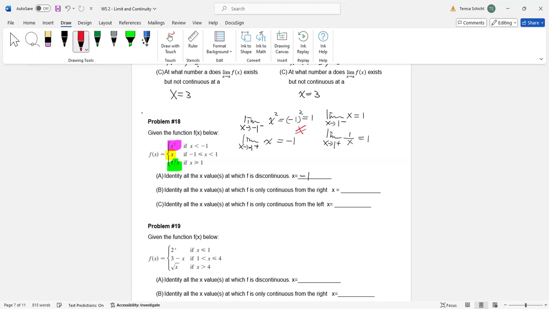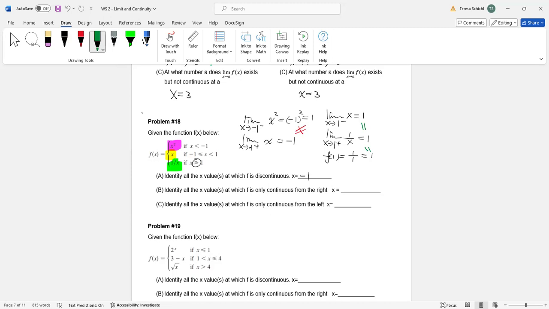This is good. So they are equal, and the limit exists. Then let's take a look at the function value, f of 1. The equal sign happens here, so it's 1 over 1, which is 1. All these three are equal, so I know x equal to 1 is continuous. So the only discontinuity is at -1.